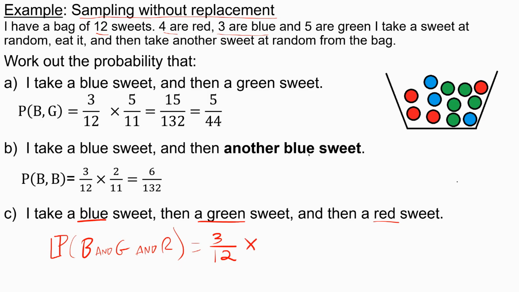Times, I've now taken a blue sweet out of the bag, so there's only 11 sweets left, and only 5 of them are green. And then times again for "and", I've now taken a green out of the bag, so there's only 10 sweets left, and 4 of them are red. So it would be that. And then if I calculate that, so let me just rub that out.